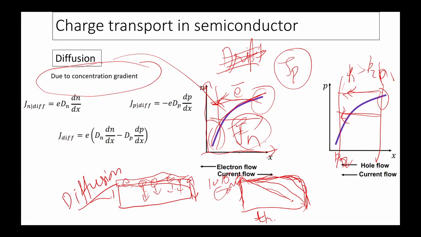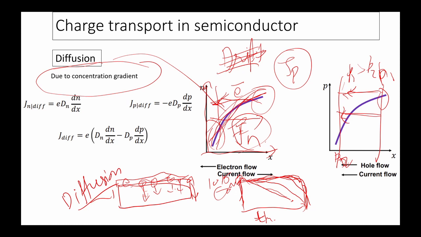Because of this, there is a diffusion of the electrons. What parameters will this diffusion current depend on? This diffusion current will depend on the concentration gradient, or say the slope of the concentration gradient.